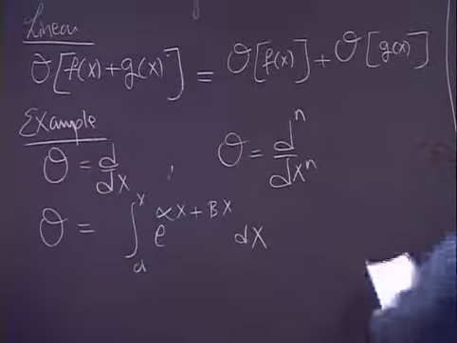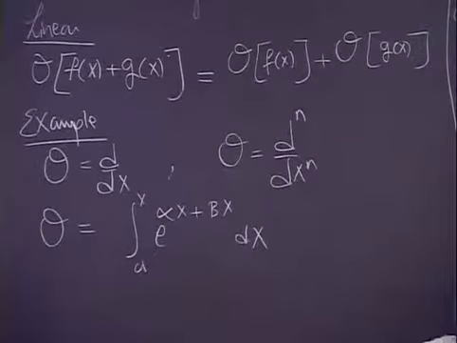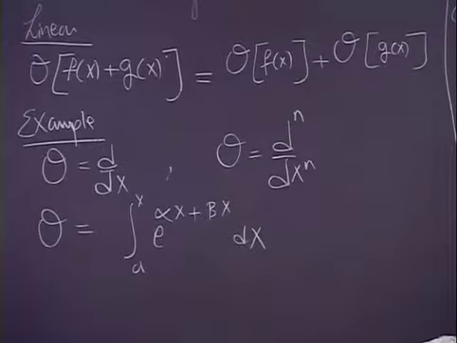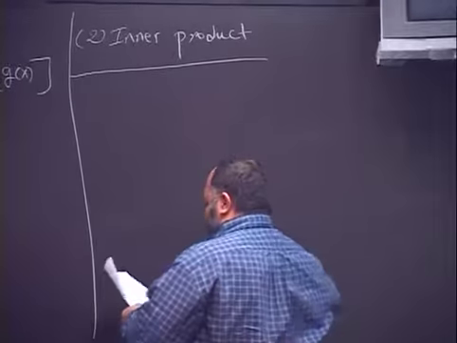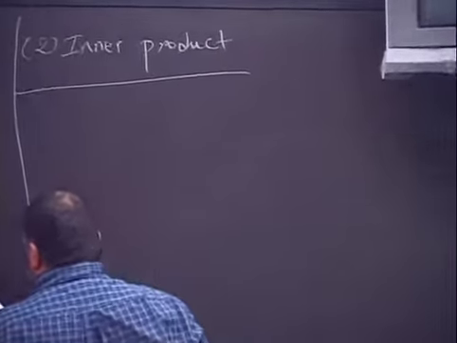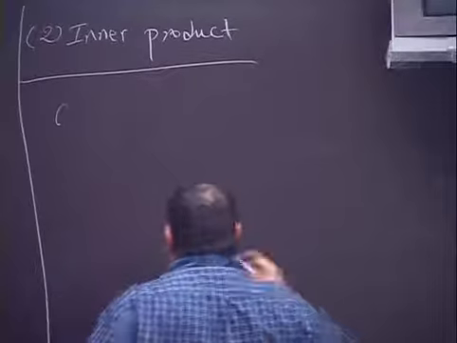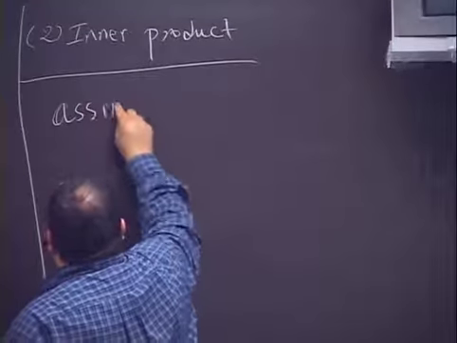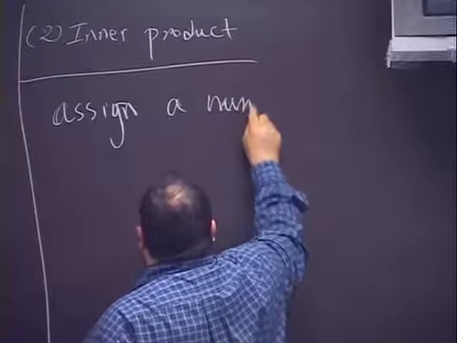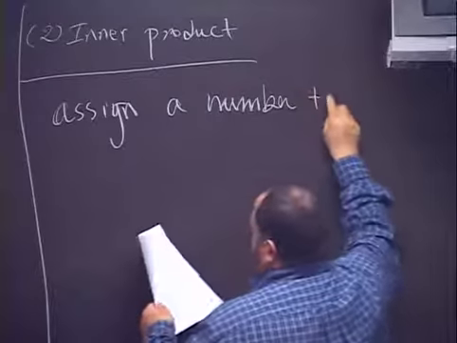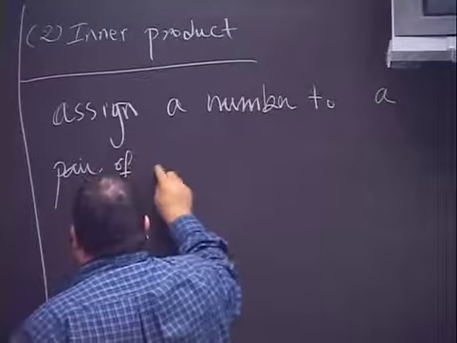So we have to define the inner product for the operators, and usually this definition assigns a number to a pair of functions.